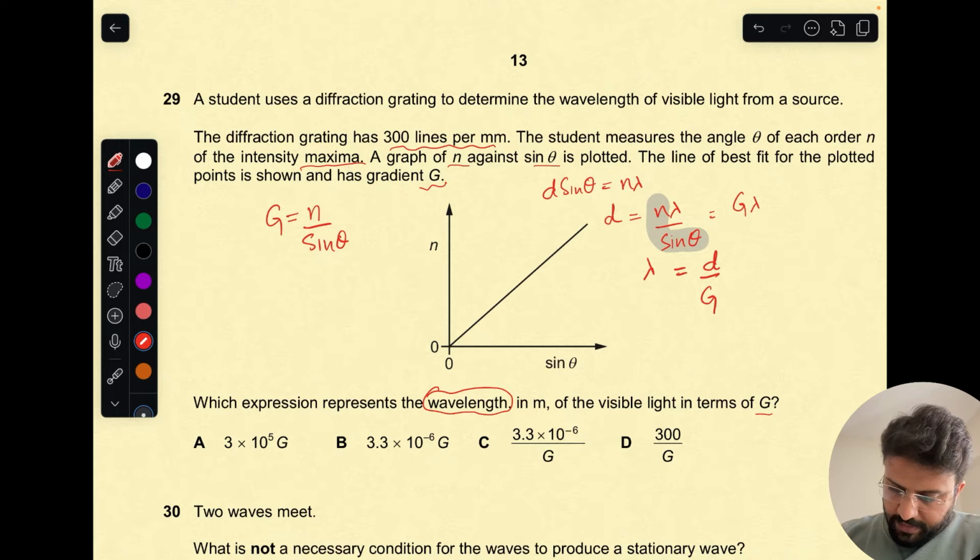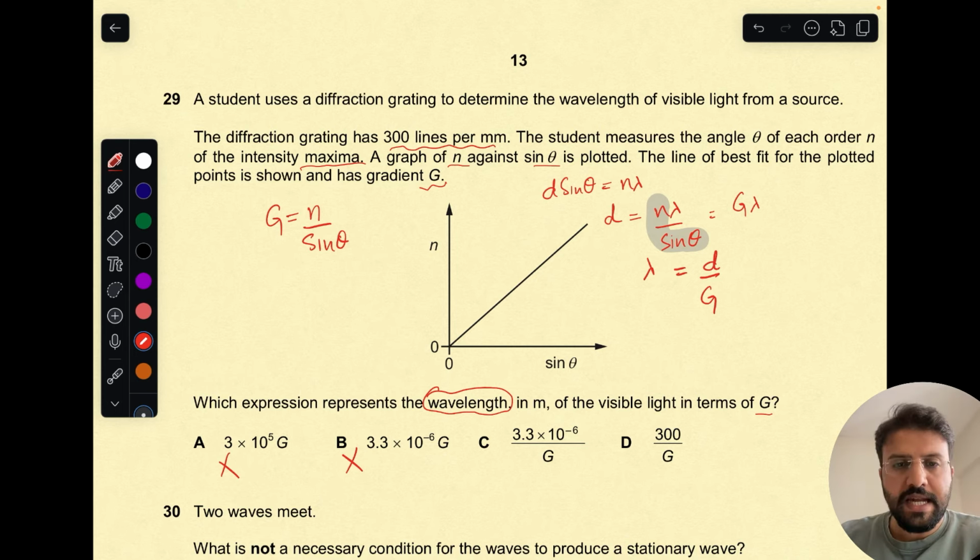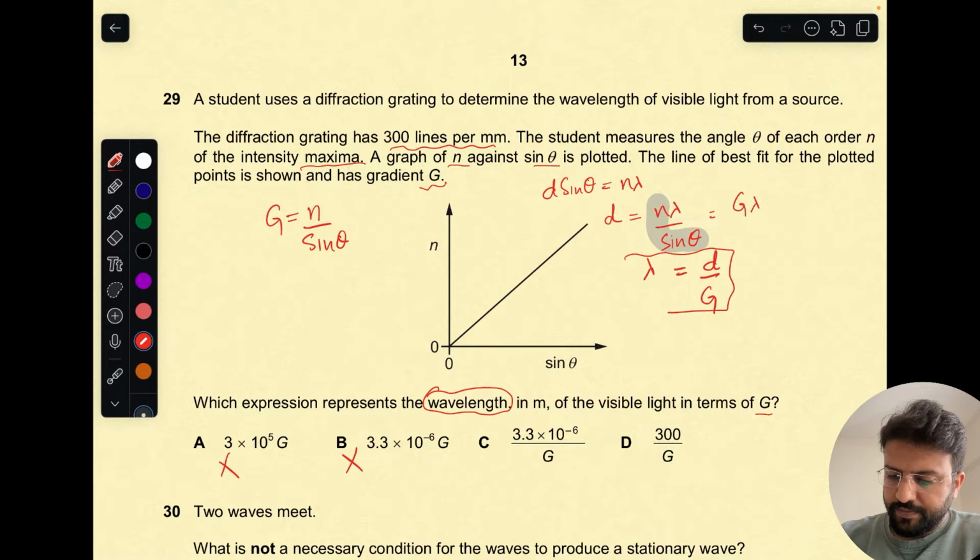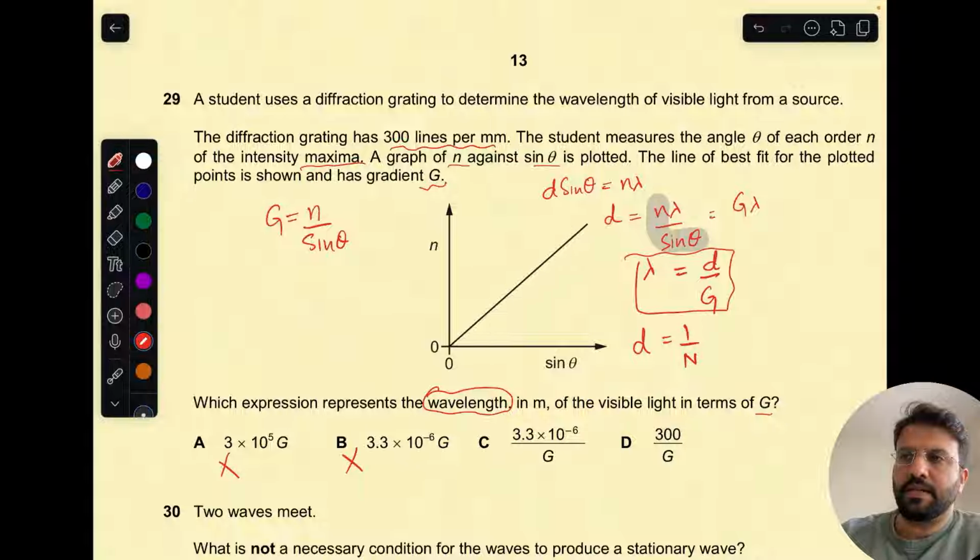So we have to choose between the options. B is not correct, A is not correct. We have to choose between options C and D, and we have to find the value of d. So what is d now? d is equal to 1 over n. n is the number of lines in 1 meter of a diffraction grating.